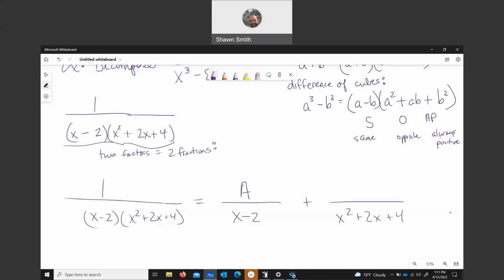All right, so since I already have an a, I'm going to do bx plus c. That's linear on the top, right? This is quadratic. This is linear. 1 less than linear is constant.